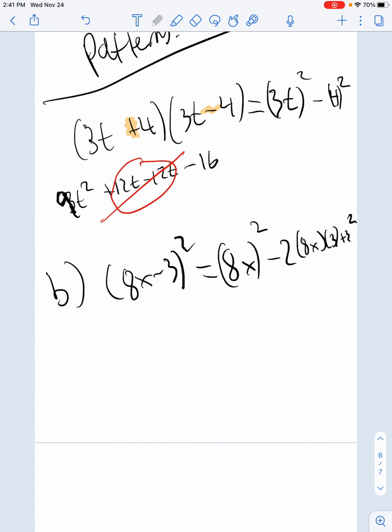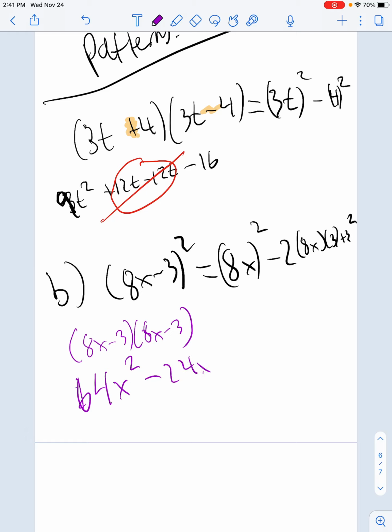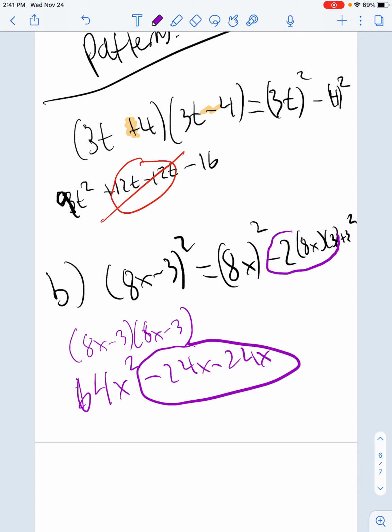So again, the reason that we do this is because when we write this out as 8x minus 3, 8x minus 3, 64x squared, we get minus 24x minus 24x. So because we subtract it twice, that's where this minus 2 comes in.